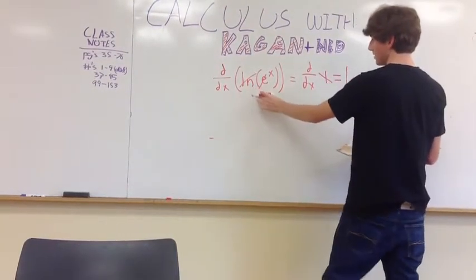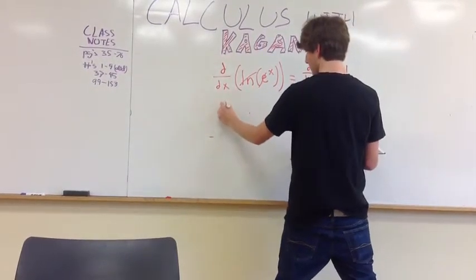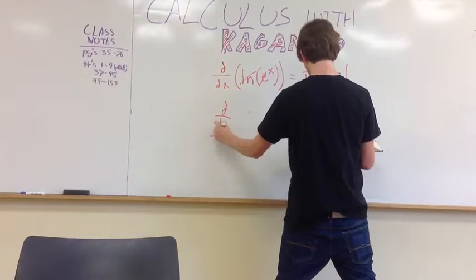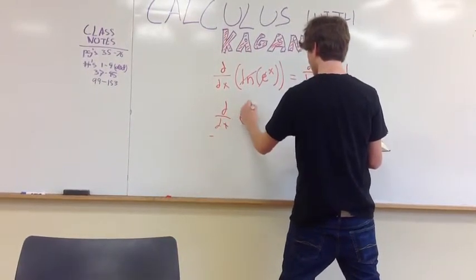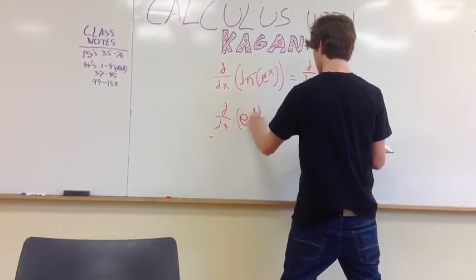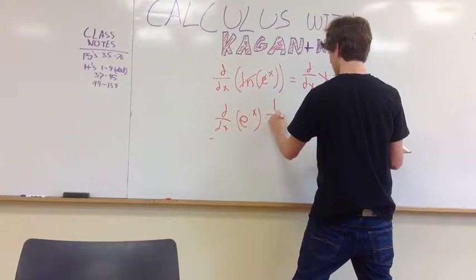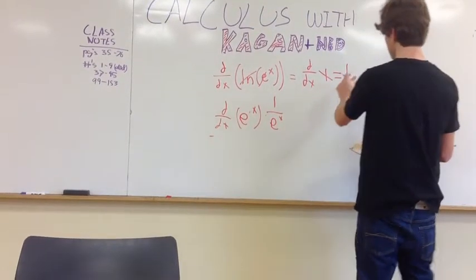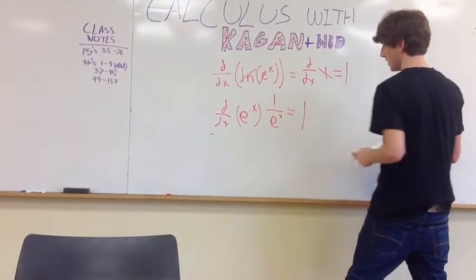So, if we then apply chain rule to this equation, we can make it the derivative of e to the x times 1 over e to the x. And since we just did this, we know that this value is equal to 1.